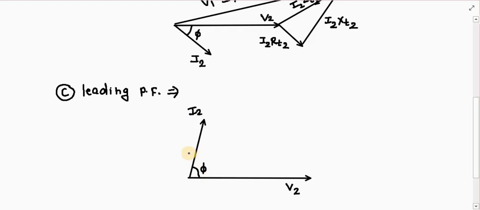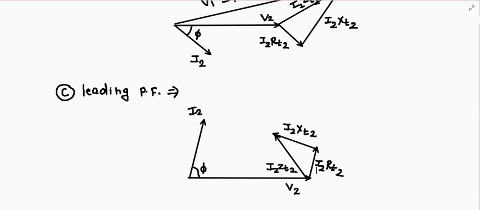Then from the tip of V2 I will draw I2 RT2 drop, which is parallel to I2. So this is your I2 RT2 drop, in phase with I2. Then perpendicular to I2, I will mark my I2 XT2 drop, and vector addition of my I2 RT2 and I2 XT2, I will get I2 ZT2, right?